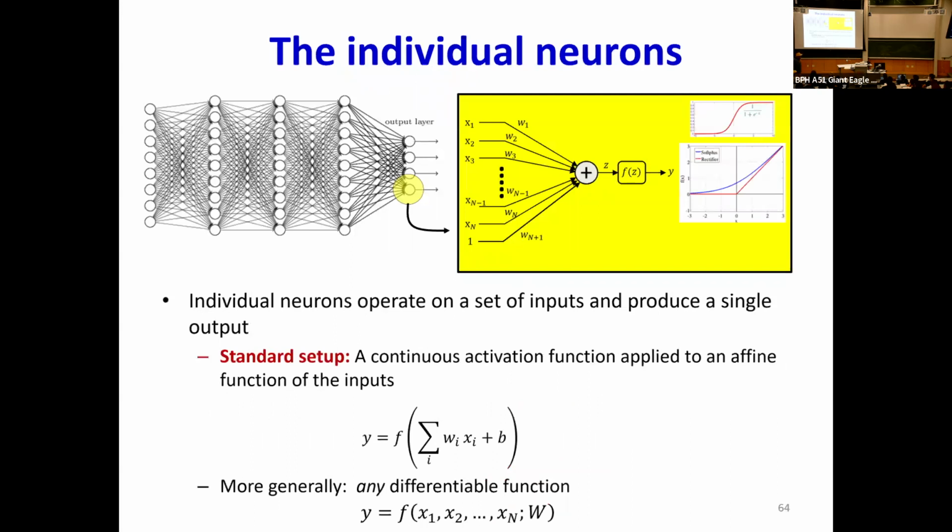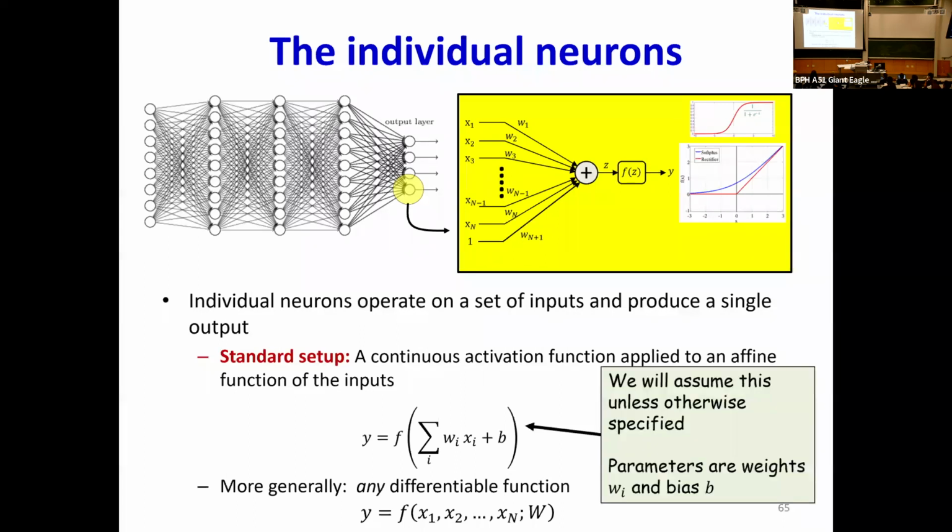Now, we're going to further assume that the individual neurons have this perceptron-like structure, that they first compute an affine function of their inputs, and then the resulting affine value, which we represent by the symbol Z, is going to be put through an activation function. And we're going to assume that this activation function is differentiable, right?